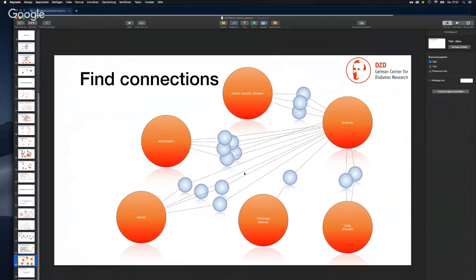We are processing all the text that we can get, and then our researchers can query for diabetes and a gene called ABC1, or like a phenotype. We got mice with green hair and it got infectious diseases in Africa. Do we have a connection there? So these kinds of questions we can hopefully answer with this.